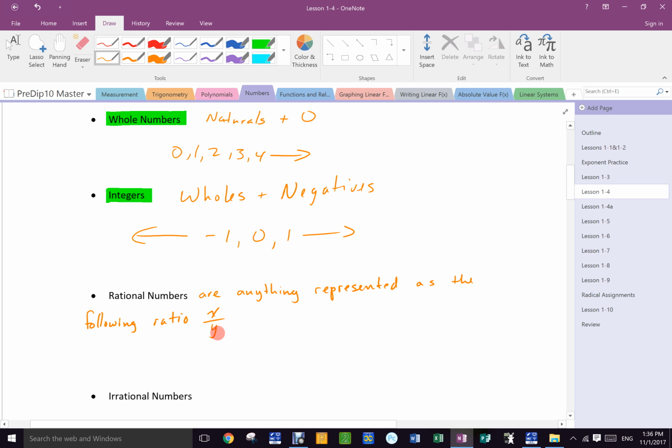Okay, but there's some rules. X and Y must be integers or rational themselves, and Y cannot equal 0, because you cannot have a denominator of 0, because it is impossible to divide by 0.